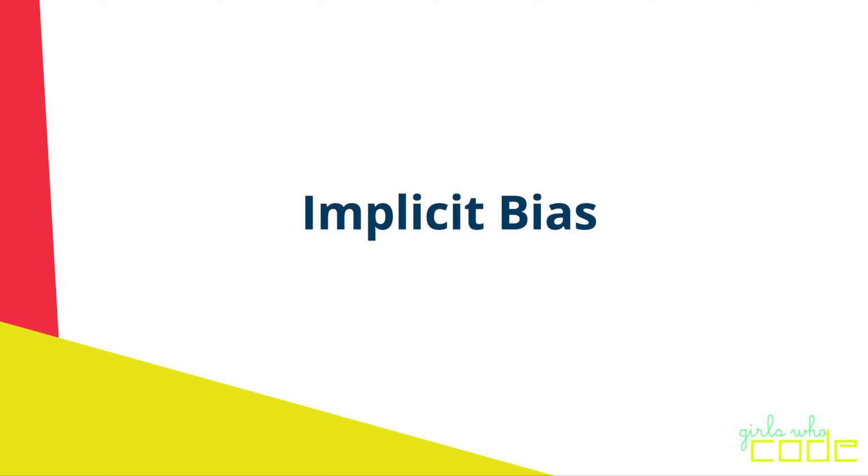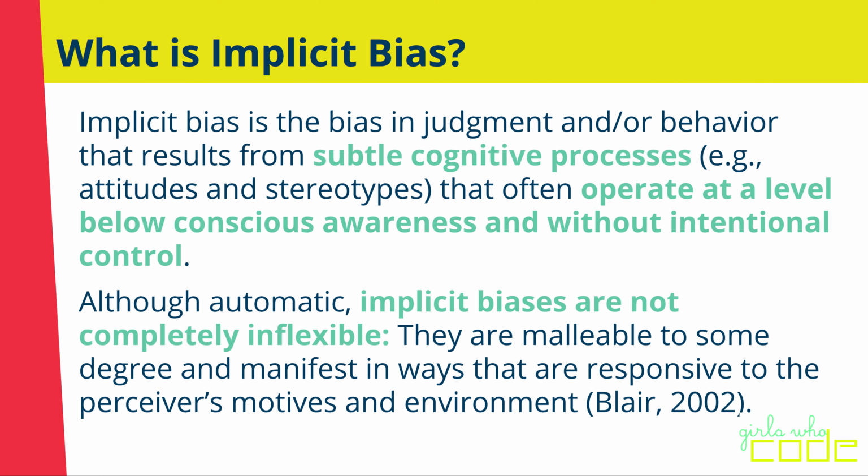So, diving into implicit bias. What is implicit bias? Implicit bias is the bias in judgment and/or behavior that results from subtle cognitive processes, for example, attitudes and stereotypes, that often operate at a level below conscious awareness and without intentional control.